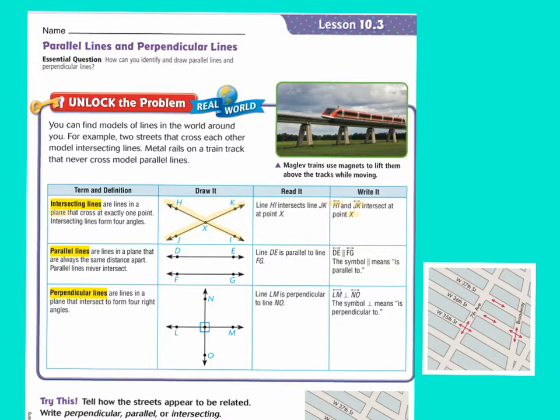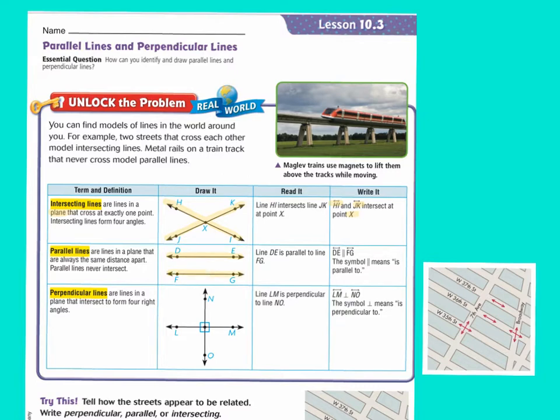Moving down to parallel lines, they're lines in a plane that are always the same distance apart. And parallel lines never intersect. So you can see here in the drawing, we have line DE is parallel to line FG. That's how you would read that.